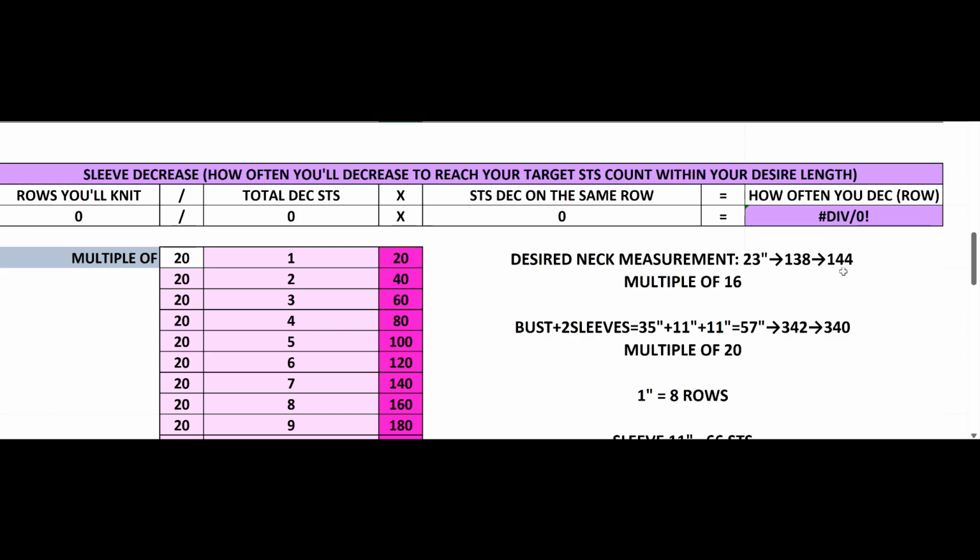So you will end up with a stitch count that is a multiple of 20. This is the only reason why I said maybe you should have a multiple of 20. That'll be easier later on to think, because you have to adjust numbers a lot of times. Anyway, 340, that's my goal. All right?